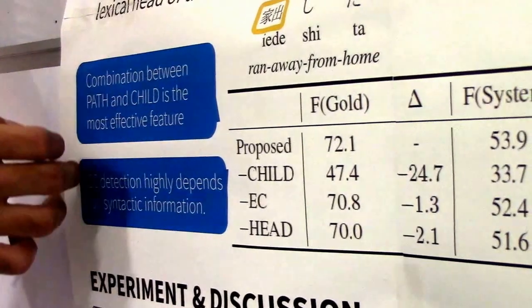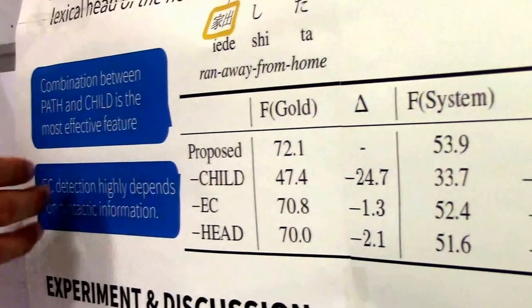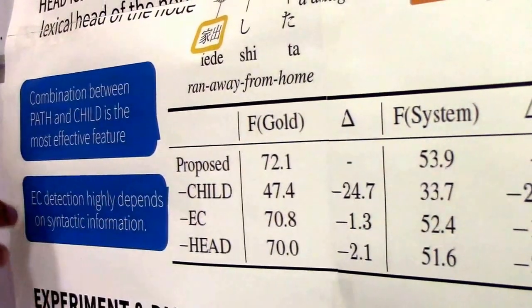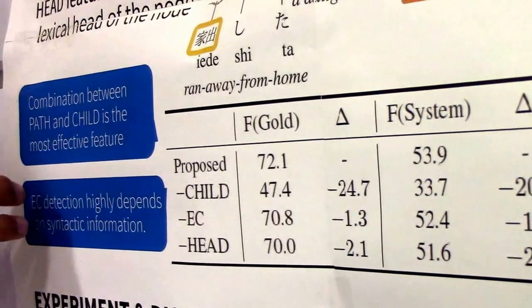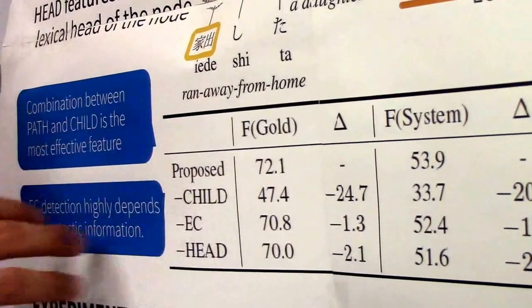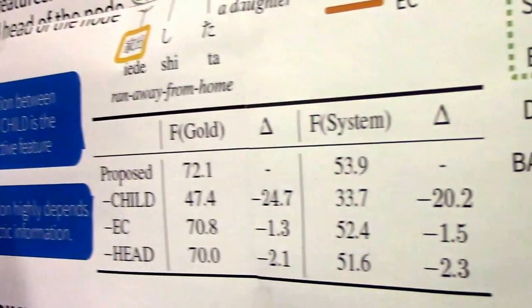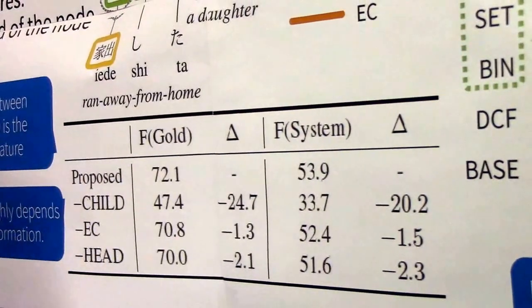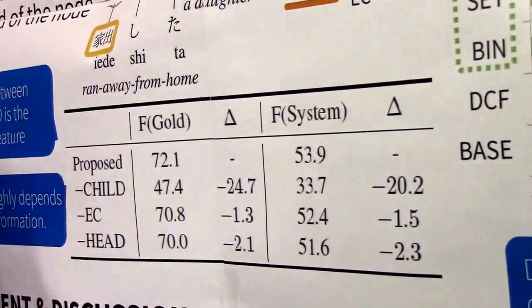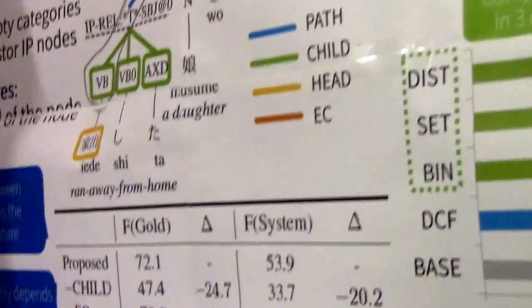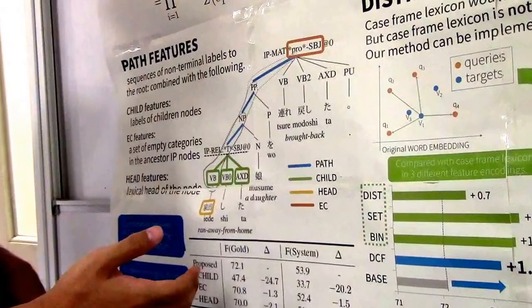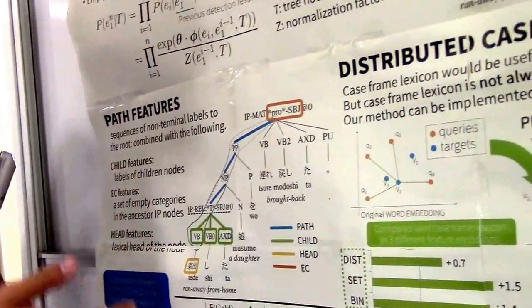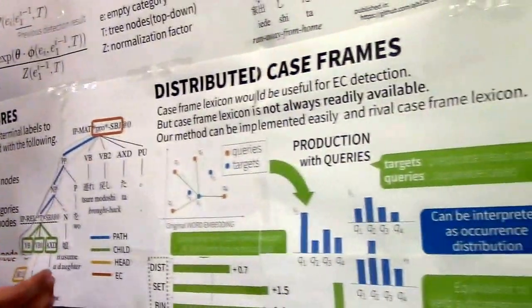In other words, only using the syntactic information, we can solve empty category detection to an extent. So this feature is syntactic information.